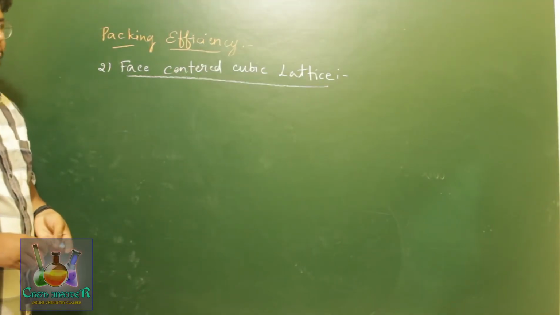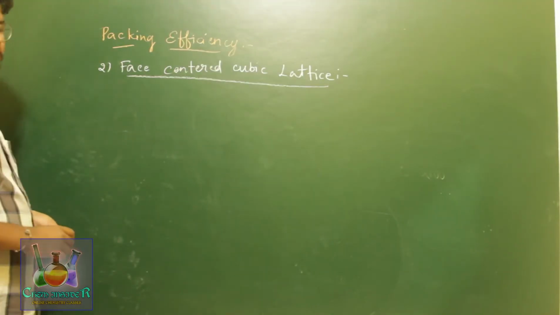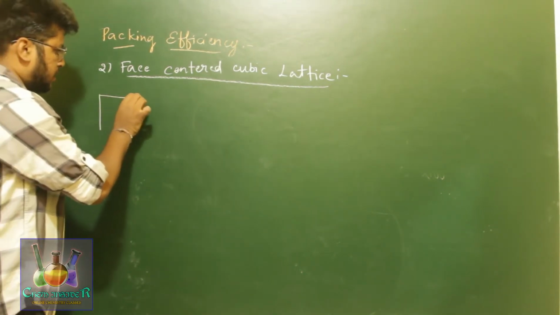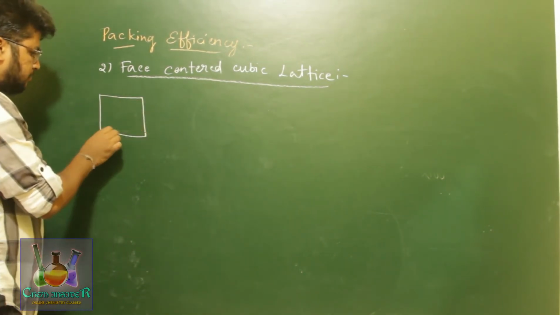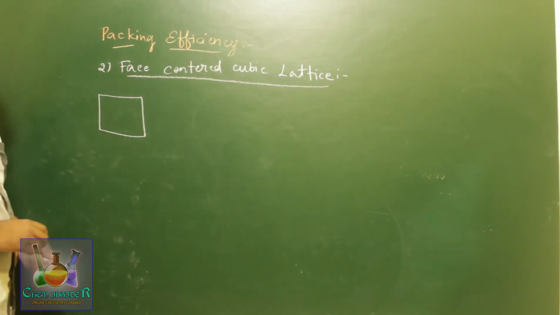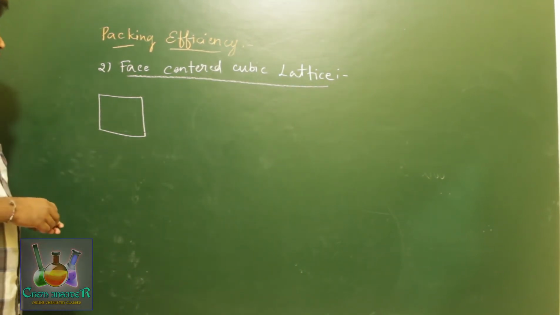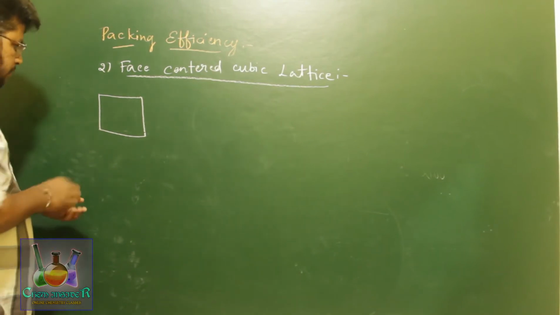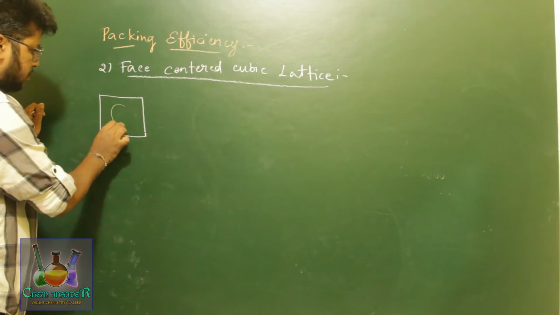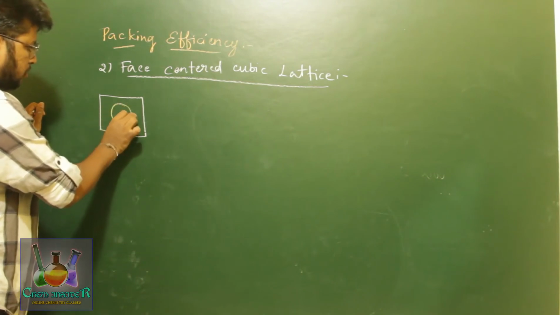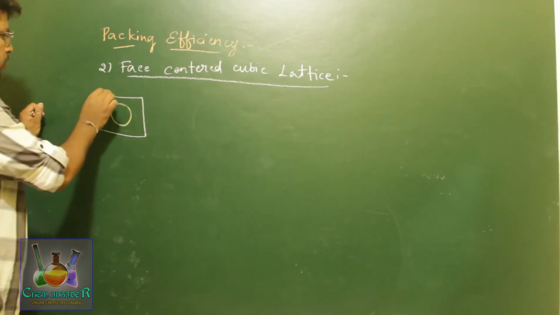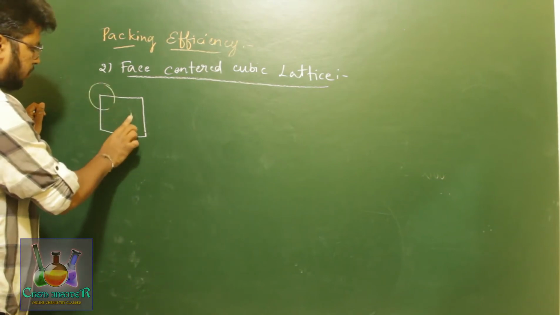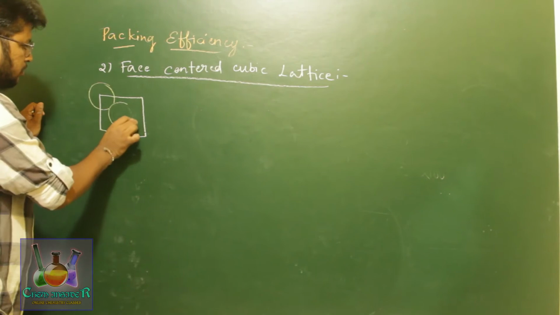For a face-centered cubic lattice, let us first draw a face of a unit cell. So let us consider this is a face of a unit cell. As we know, a face of a unit cell of a face-centered cubic lattice has one atom at its center, just like this, one atom at its center, and one atom each at its corner. Let us write it a bit bigger.